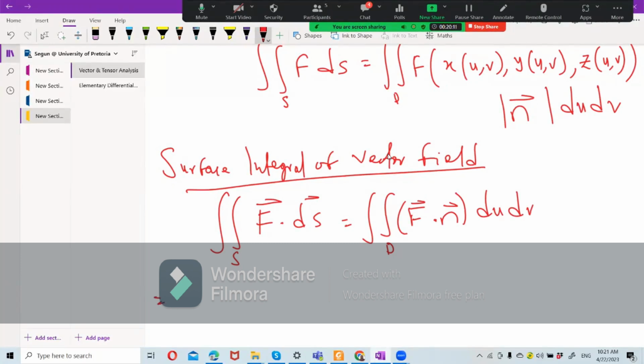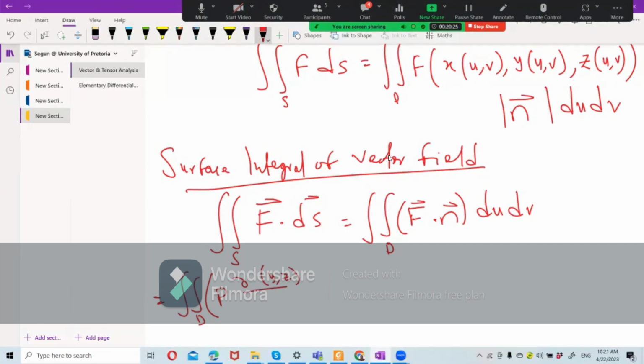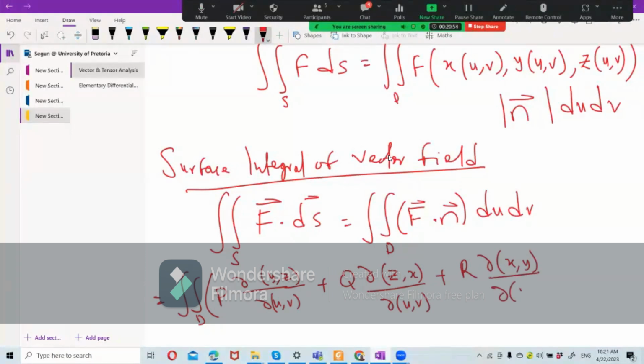which is the same thing as the integral over D of P times the partial derivative of (y,z) over (u,v), plus Q times the partial derivative of (z,x) over (u,v), plus R times the partial derivative of (x,y) over (u,v), du dv.